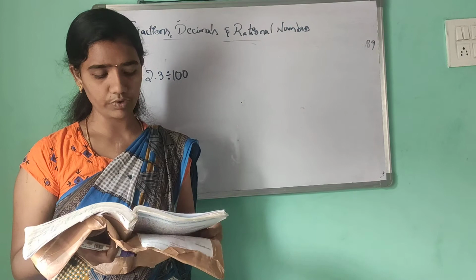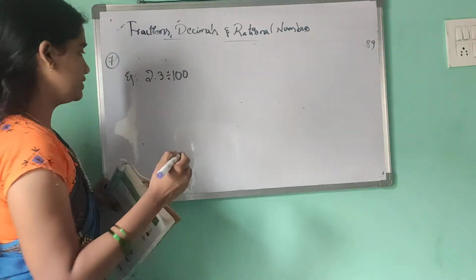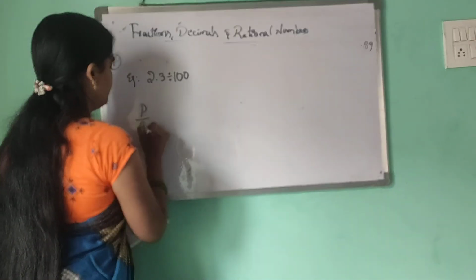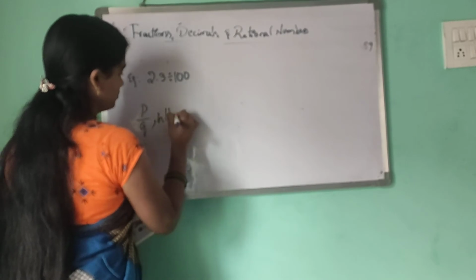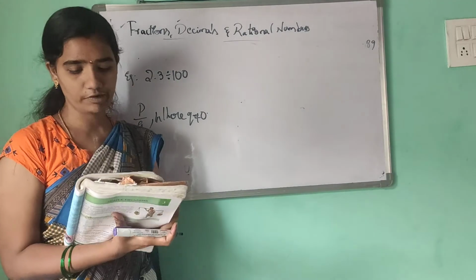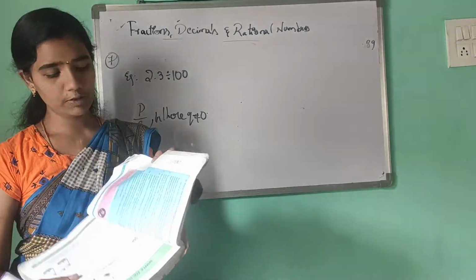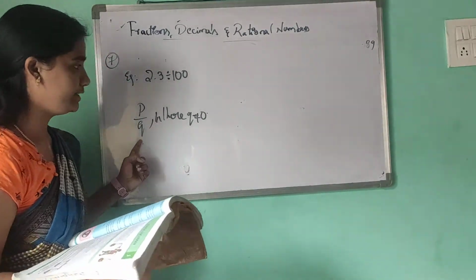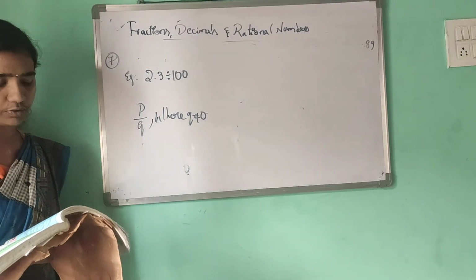These are the ratio of two integers, P by Q, where Q is not equal to 0.